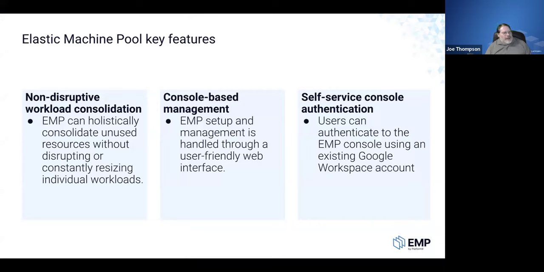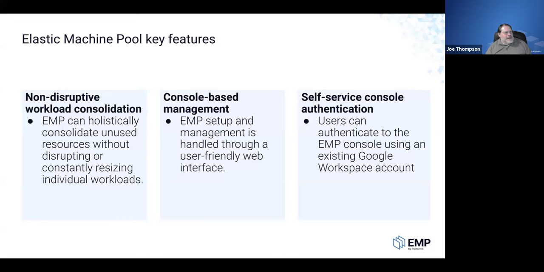EMP can consolidate these inefficient workloads, exactly the kind that Karpenter will auto-scale to allow to schedule, but it doesn't make them any more efficient. EMP, and we'll talk about how it does this in a minute, essentially resizes those workloads on the fly without disruption, without depending on that alpha in-place pod resize feature. We're going to talk about how it does that magic in a little bit.